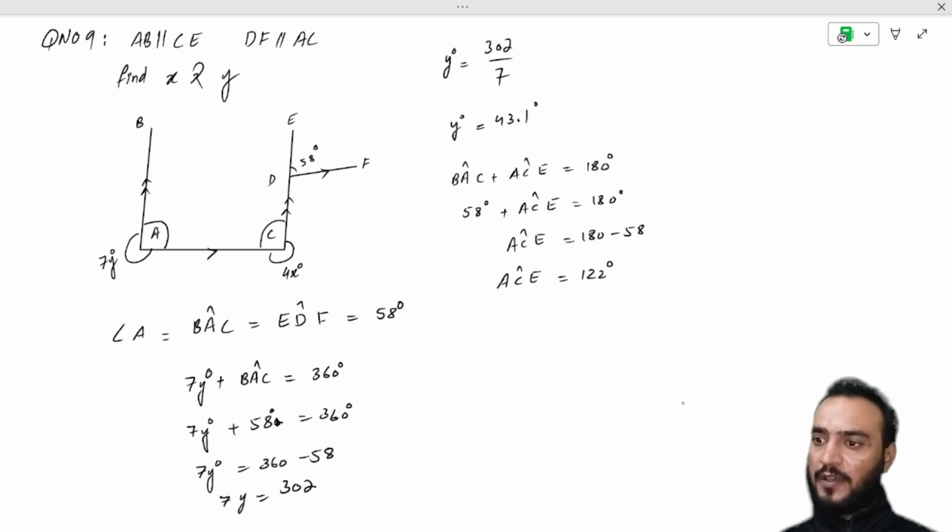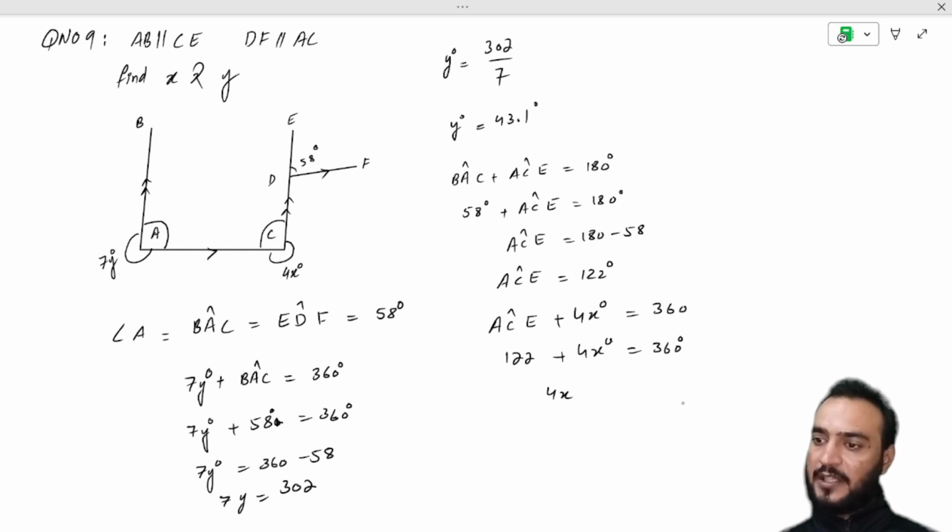This is the value of angle ACE, the interior angle at point C. The sum of these two angles, ACE plus 4x degrees, is equal to 360 degrees. The value of ACE is 122, so we put the value in: 122 plus 4x degrees equals 360 degrees.